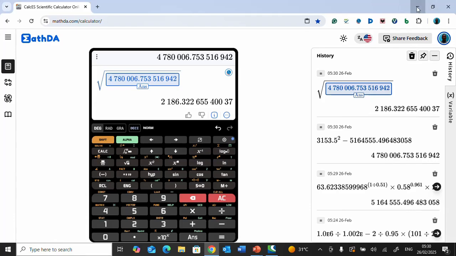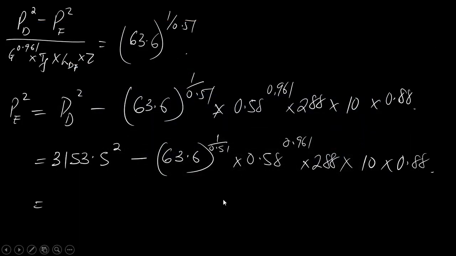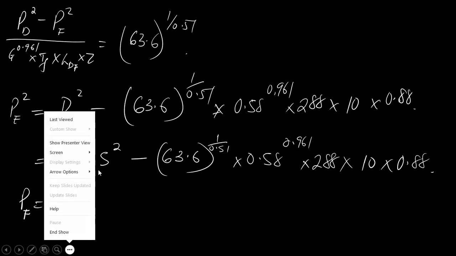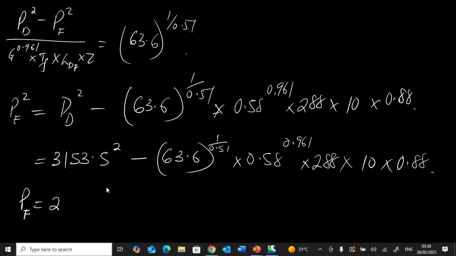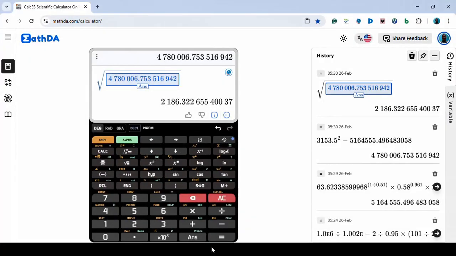So the pressure at F will be 2186.3 kilopascal absolute.